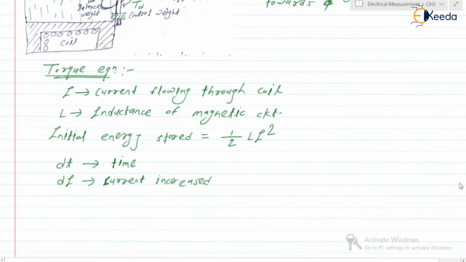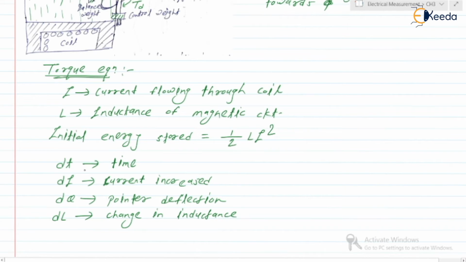So during time dt the current is increased by amount di, and the pointer has deflected by angle d theta, which is the change in pointer deflection. Also, the inductance of the magnetic circuit is changed by dL, the change in inductance.